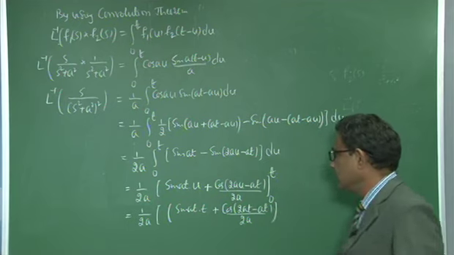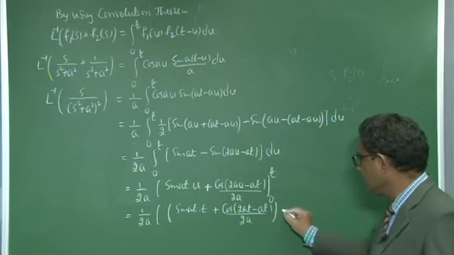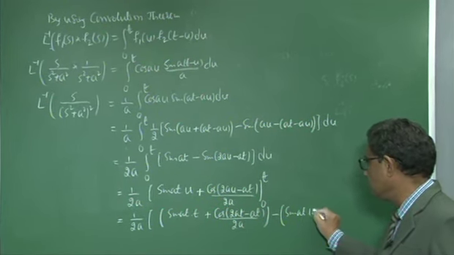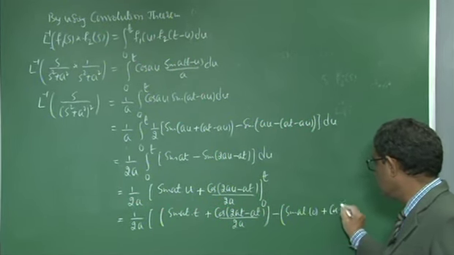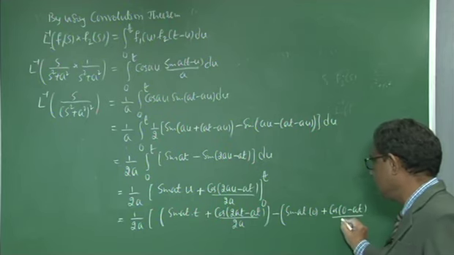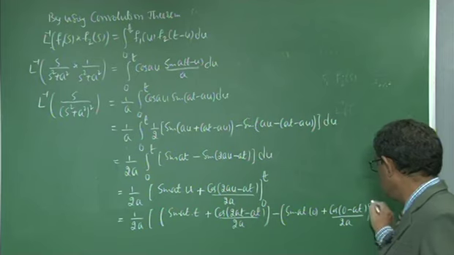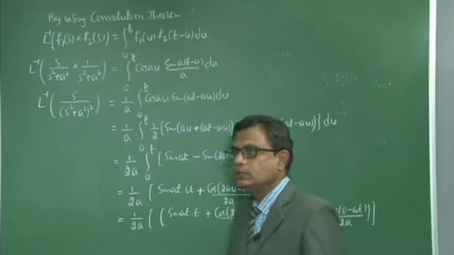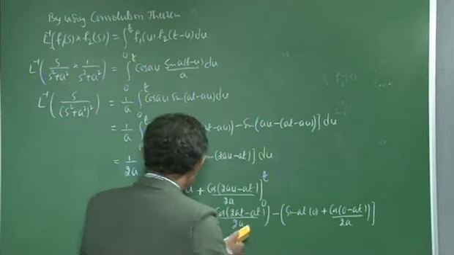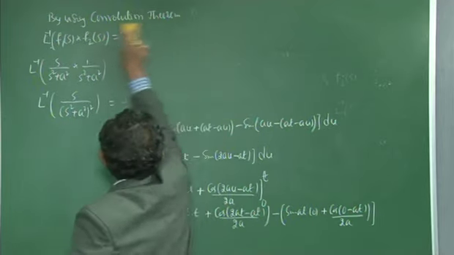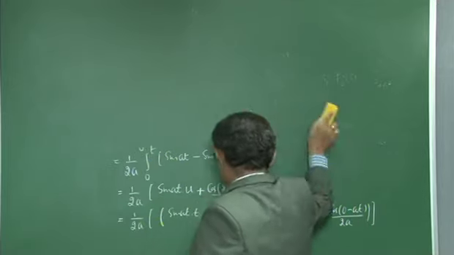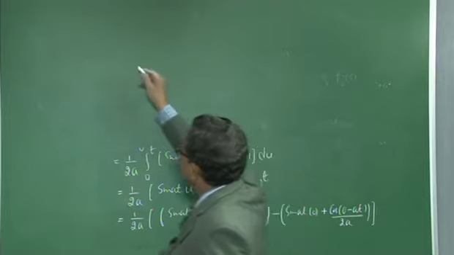This is your upper limit minus lower limit, sin at into 0 plus cos of 0 minus at by 2a. Now, simplify still further. Now, what will you get?